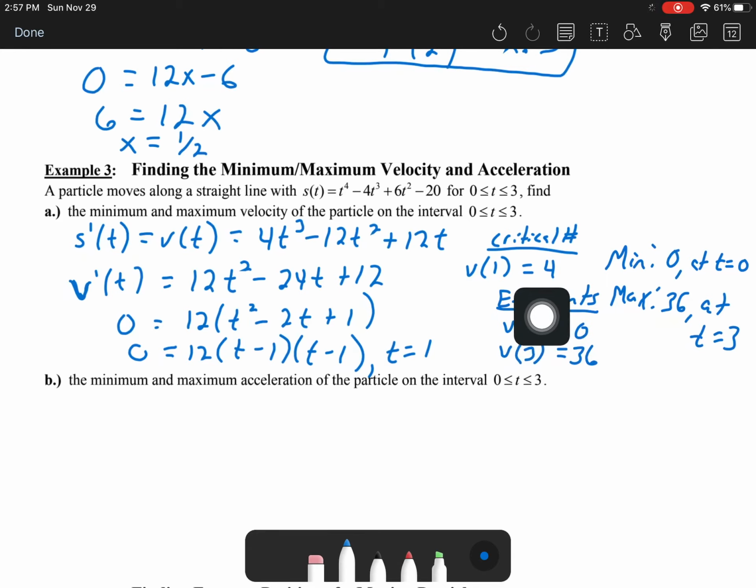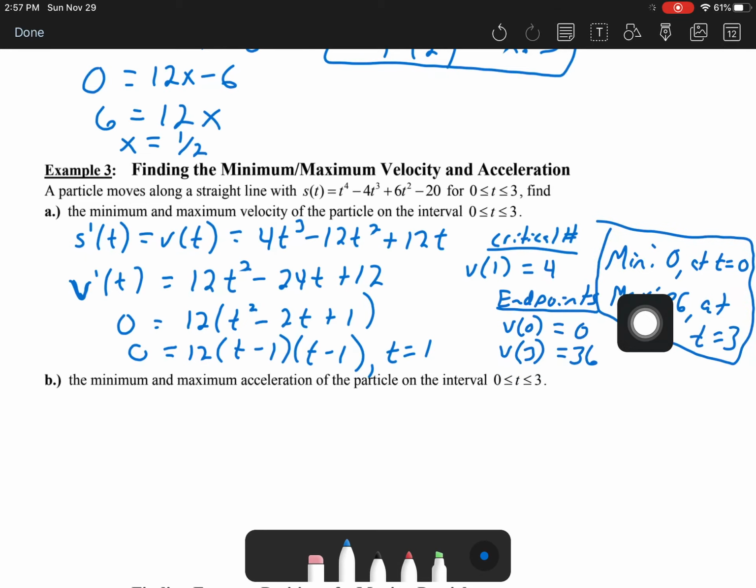So as it turned out, our critical number was a relative min or max, but it wasn't an absolute in this case. Okay, so both the min and the max occurred at the endpoints in this case. Okay, so that's how we would answer that. Minimum is 0, and that occurred when time was 0, and our maximum was 36, which occurred at time 3 seconds. So both at endpoints. All right.